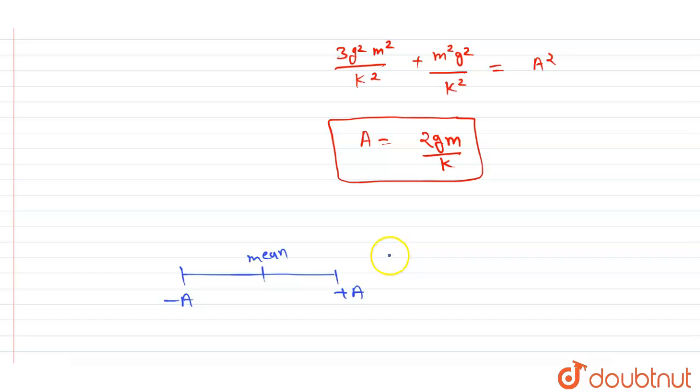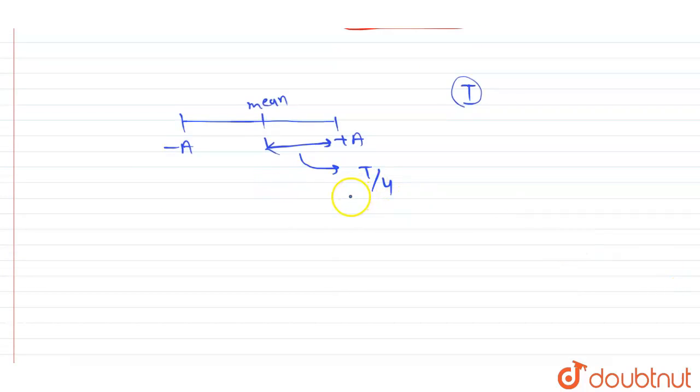Let me tell you first, the particle takes time T to complete the SHM motion, and to cover the distance from mean position to extreme end, it will take 1/4 of the whole, so from mean position to amplitude it will take T by 4.